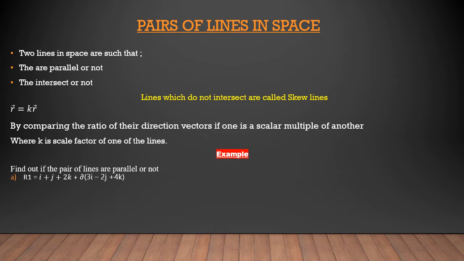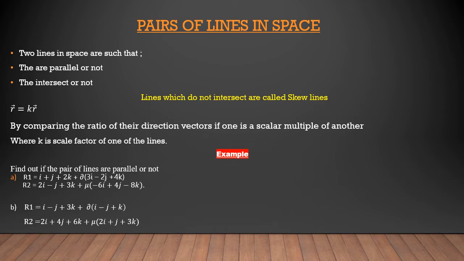I'll give you this line r1 equals to that, r2 equals to that. The B part is going to be this and that. We're going to solve these equations, and I'm going to teach you how to solve them, still using how we analyze the Cartesian equation of the plane, but in a different way because we're not going to come out with simultaneous equations from those x, y, and z.